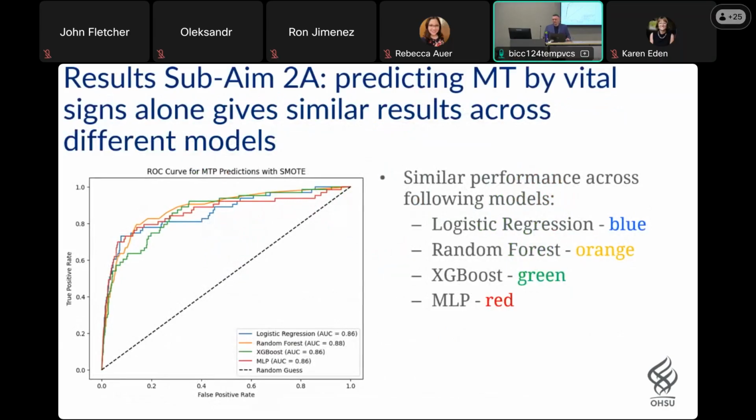Having that in mind, I built 4 different models to identify people in the need of the massive transfusion protocol. The model I was interested in was MLP, which is multi-layer perceptron. That's the scientific name.